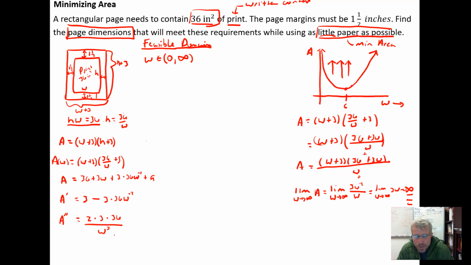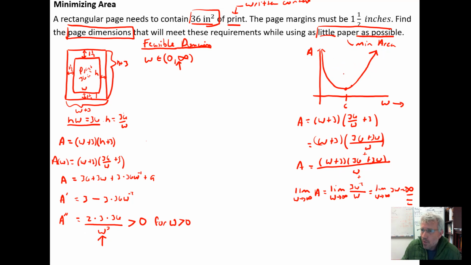And what I can notice here is that as long as w is positive, which it is on the open interval from 0 to infinity, A double prime is actually greater than 0. It's a positive number for any w greater than 0. And because the second derivative for any w greater than 0 is positive, I know my graph is concave up in quadrant 1, where the values for w are positive.